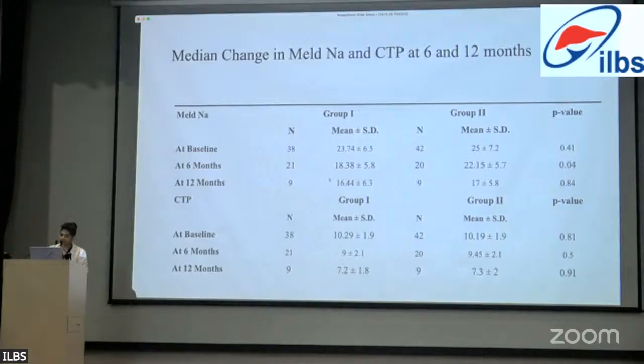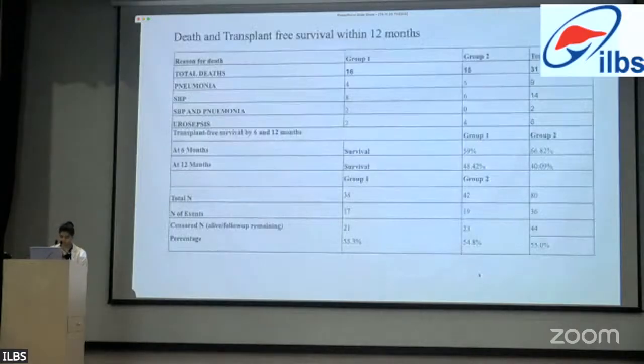At 12 months, 9 patients completed the entire per protocol analysis, and the median MELD from 18 at 6 months came down to 16, and from 22 it became 17 in group 2. The CTP also showed a reduction from 10 to 9 and subsequently 7 in group 1, and 10.1 to 9.4 and 7.3 in group 2.